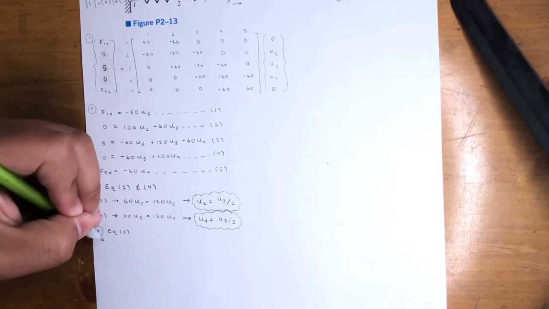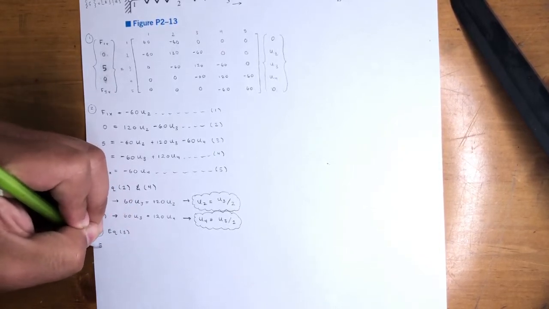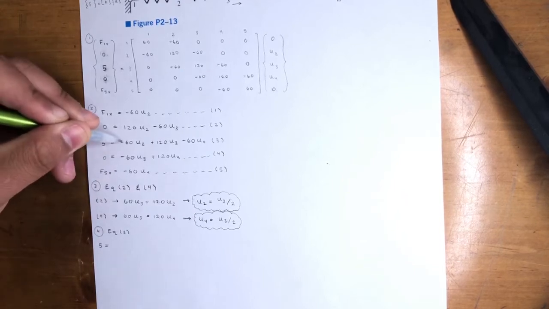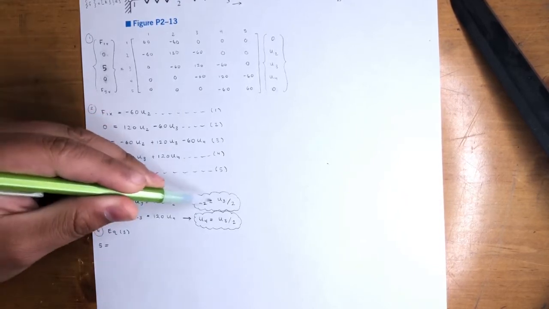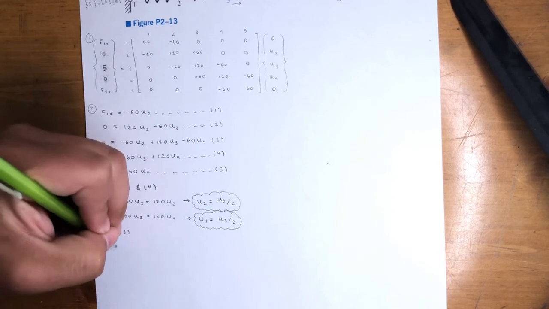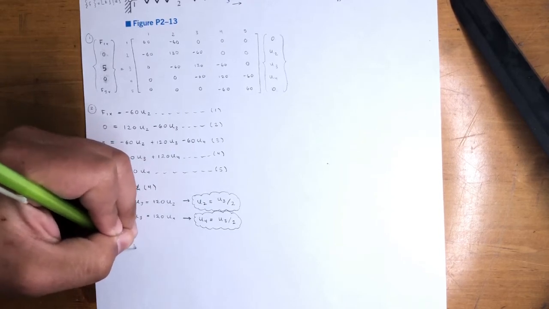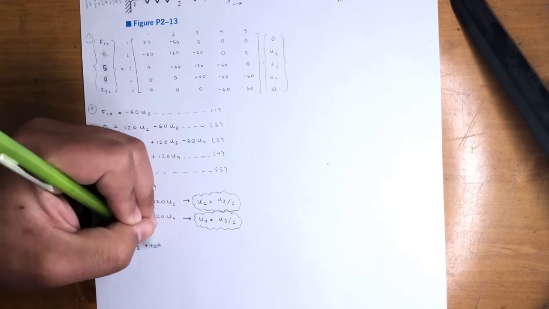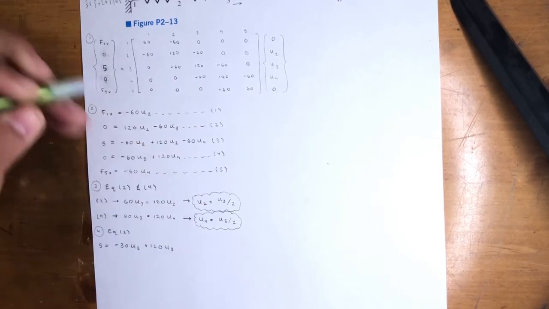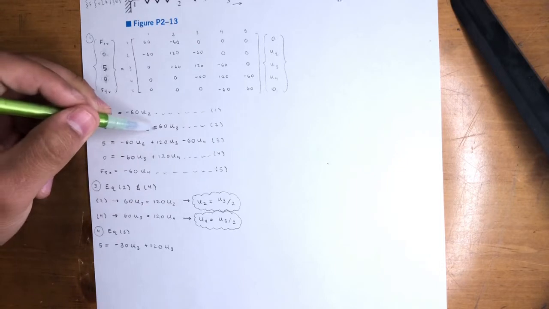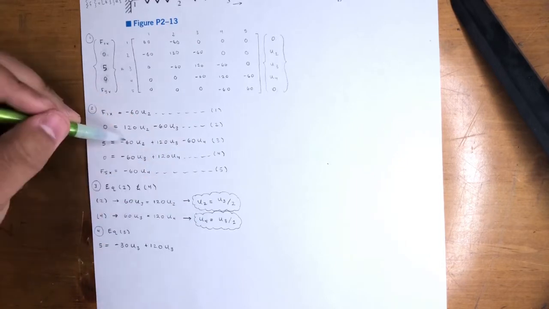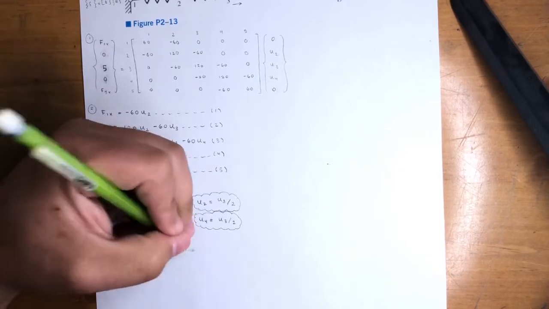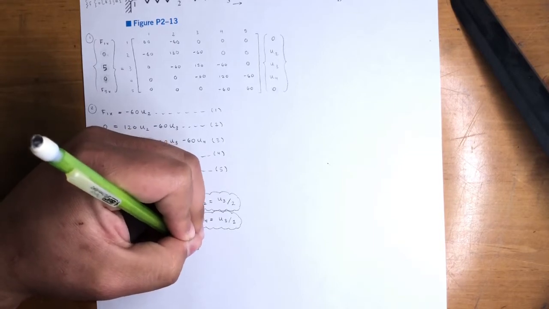But equation 3, so you'll have 5 is equal to negative 60 u2. u2 is equal to u3 over 2. That is negative 30 u3, plus 120 u3. Same thing, right? They're equal to each other. Negative 60 times u4 is the same as negative 60 times u2, negative 30 u3.